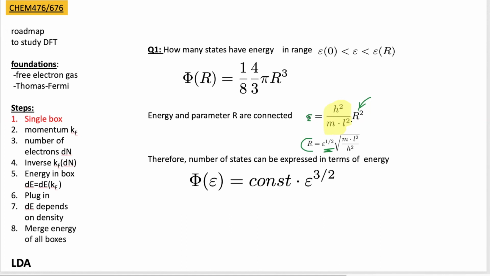So if the energy as a function of radius is radius squared, then the radius as a function of energy is the square root of energy, and then some square root of constants: mass, length, constant.